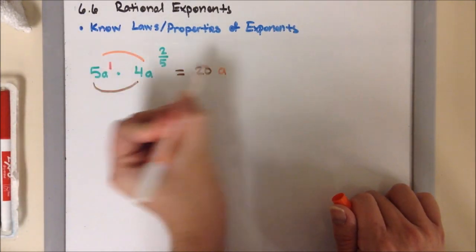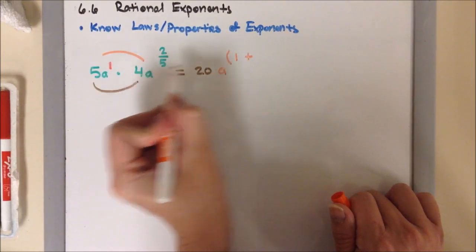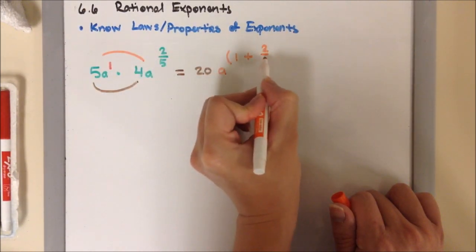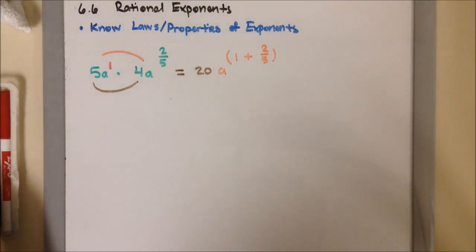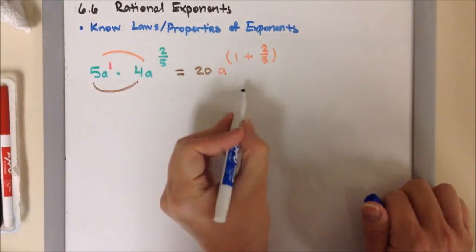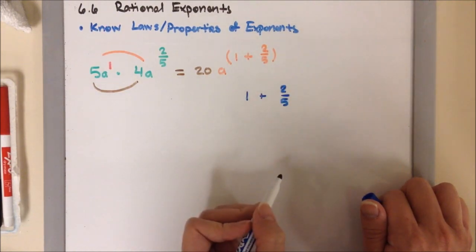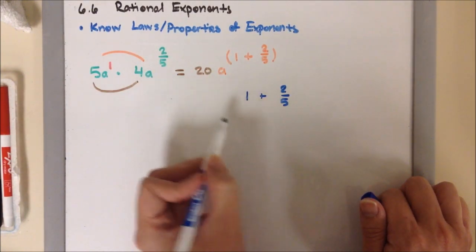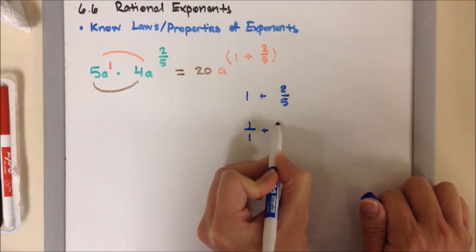So it's going to be a to the power of 1 plus, because I'm adding the exponents, and this is a positive exponent, so 2 over 5. Alright, and I'm going to write the fraction work over here for the a. So it's 1 plus 2 over 5. So when you have something like that, we're going to convert 1 into a fraction, and this is the same process if you had a whole number. So 1 over 1 plus 2 over 5.